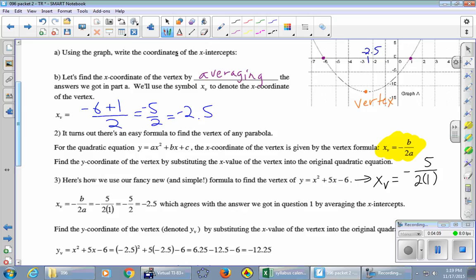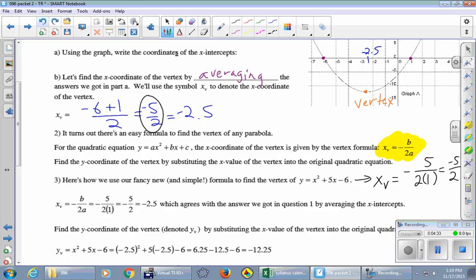So it makes no difference, that -6. It just doesn't come into play. And what do we get? We get -5/2, which is exactly what we got over here. Yeah? And the nice thing about that -5/2 is we didn't have to find x-intercepts and then average them, which is usually a lot of work. We just need the equation.